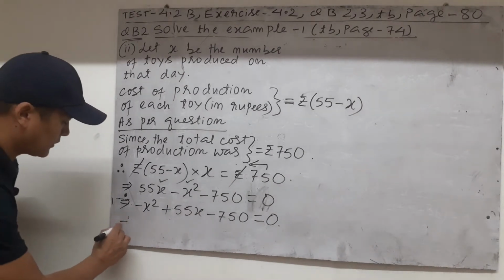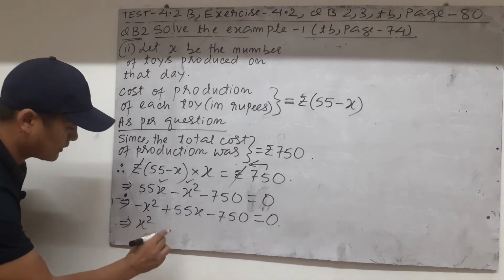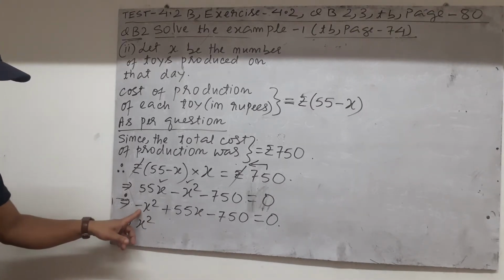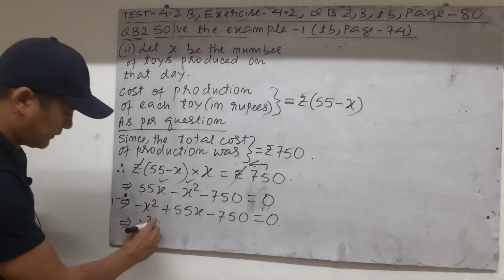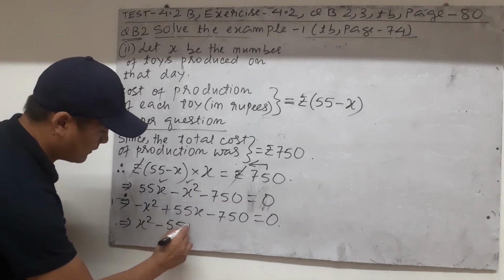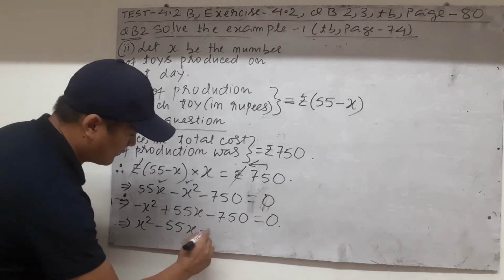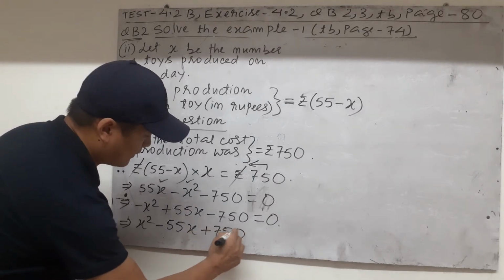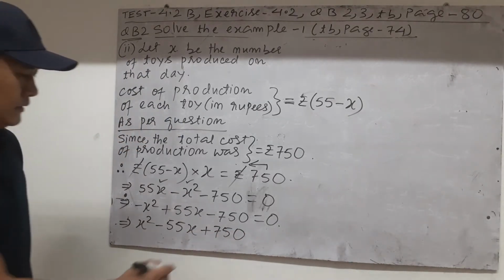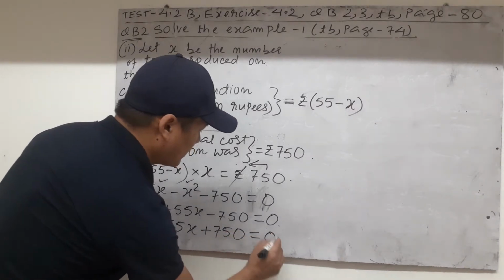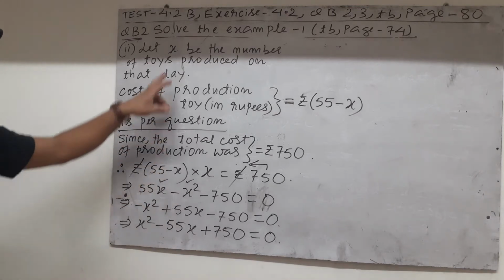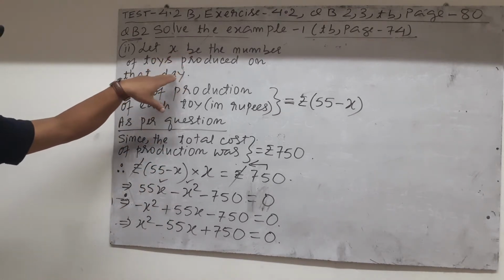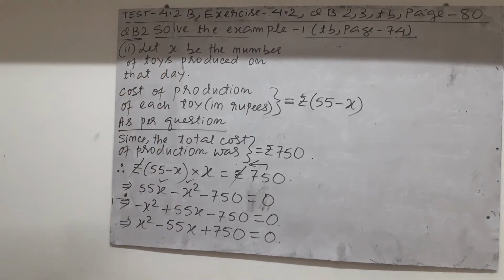Since it's negative, you can change it to plus x squared, and the condition is the rest also should change. So plus 55x will become minus 55x, minus 750 will become plus 750. So that will be equal to 0. Now we can solve and find x, which is the number of toys produced on that day, which the question is asking.